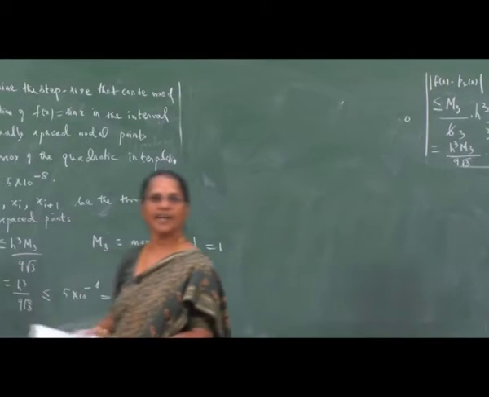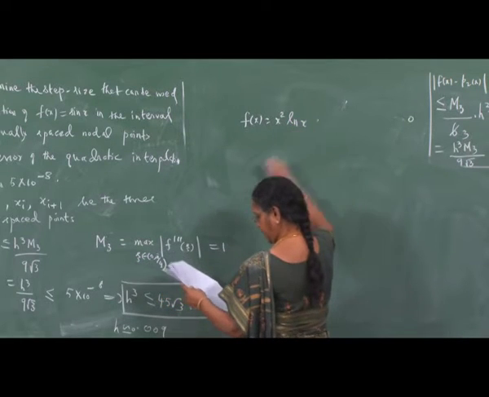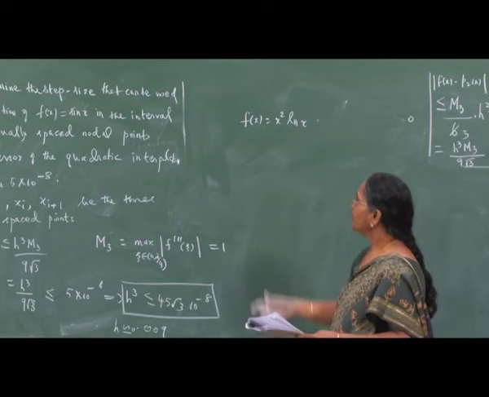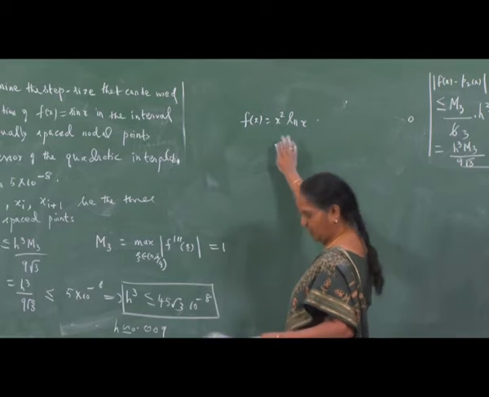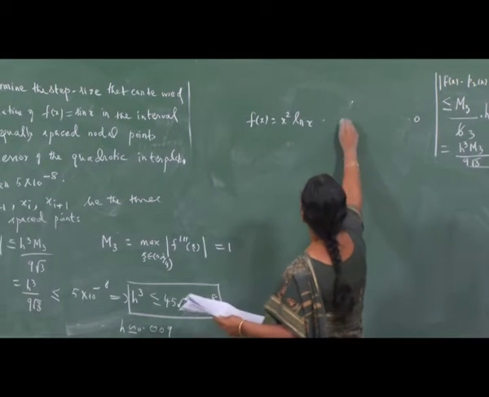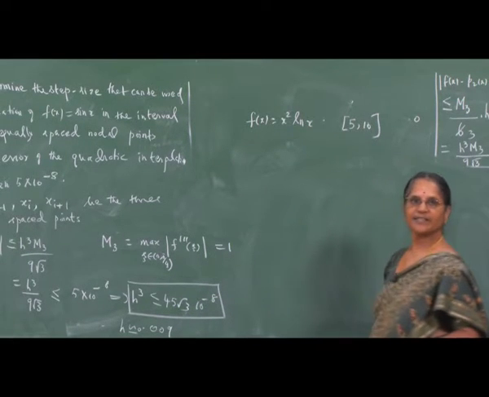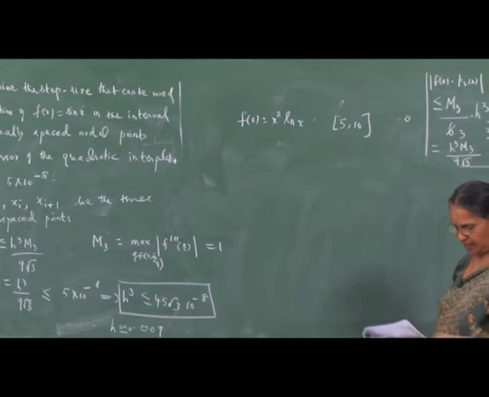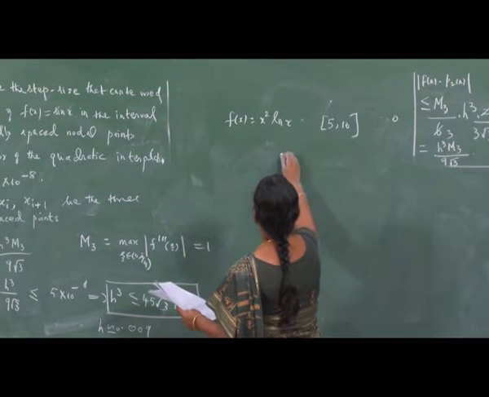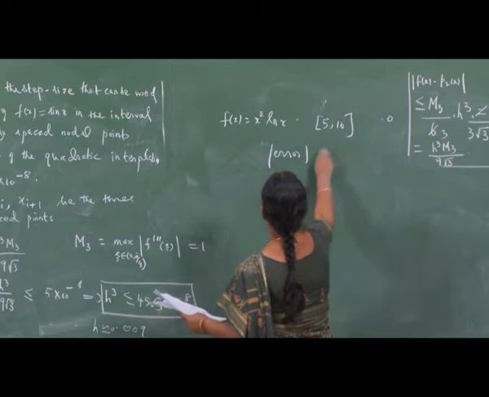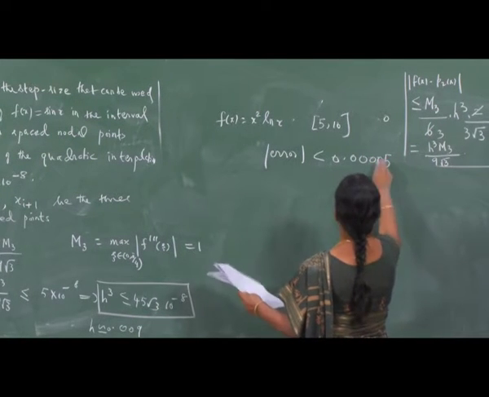So I shall give you another problem and you can try to work it out as homework. Suppose f of x is equal to x square into log x. The question again is to determine the step size that can be used in the tabulation of this function in the interval 5 to 10 at equally spaced nodal points, so that the error in quadratic interpolation can be less than 0.00005.